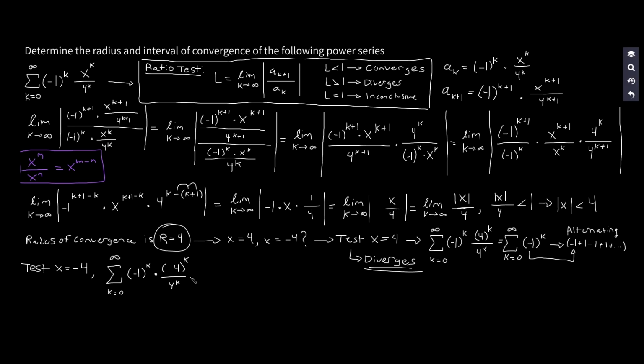Well, let's see. So that's going to be the summation from k equals 0 to infinity of, this is just going to turn into negative 1, right? So we're going to have negative 1 raised to the power of k times negative 1 raised to the power of k.